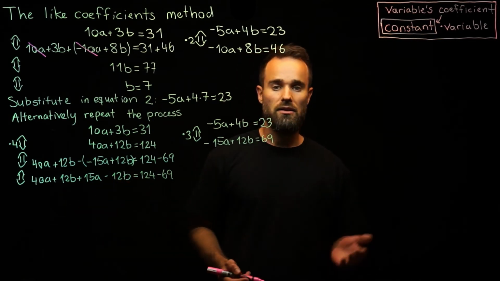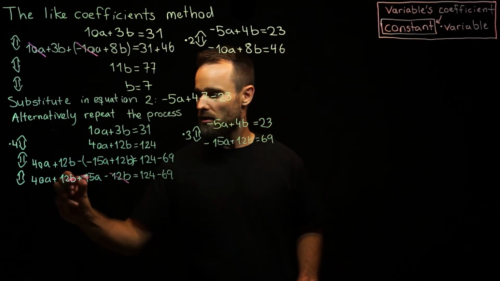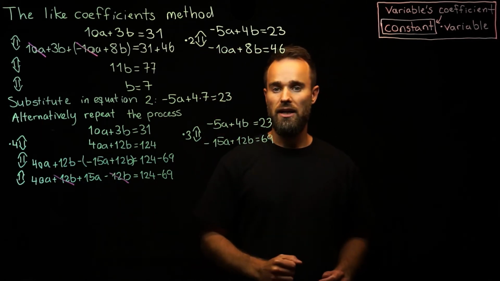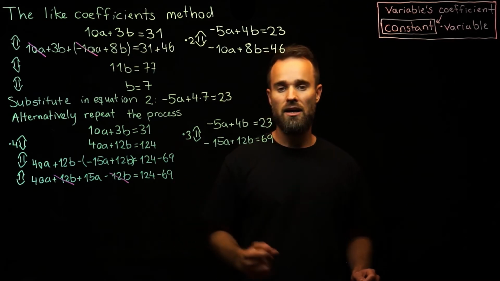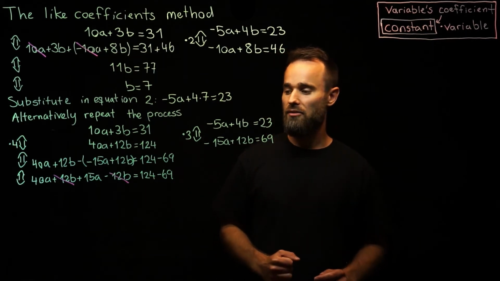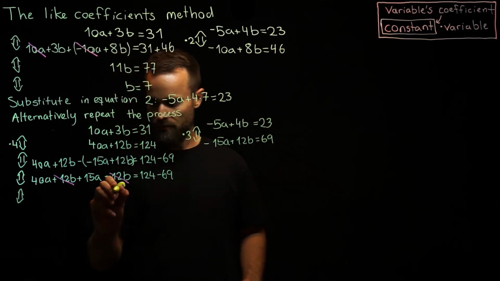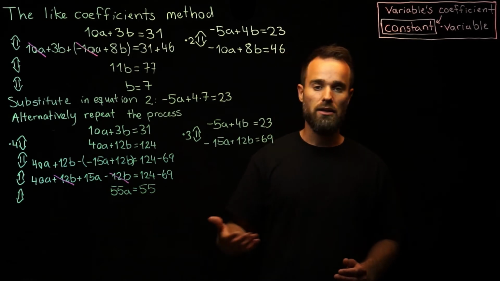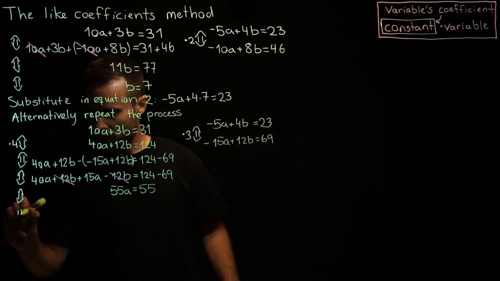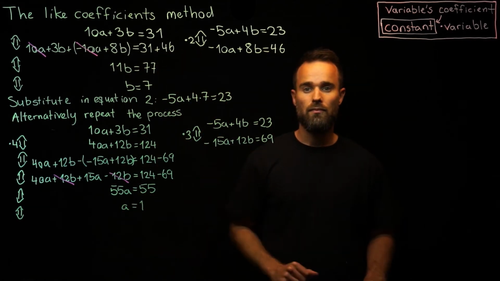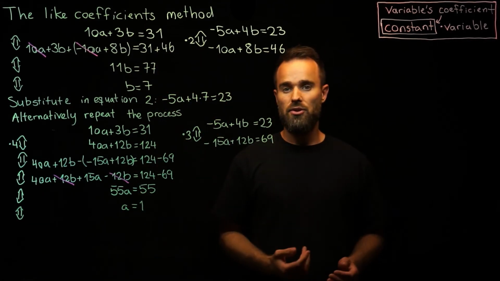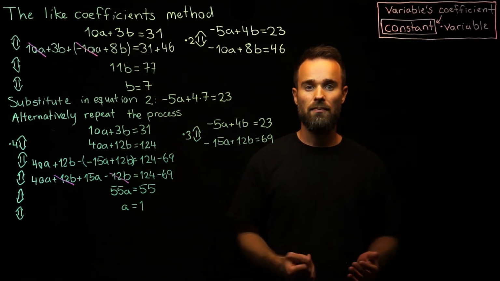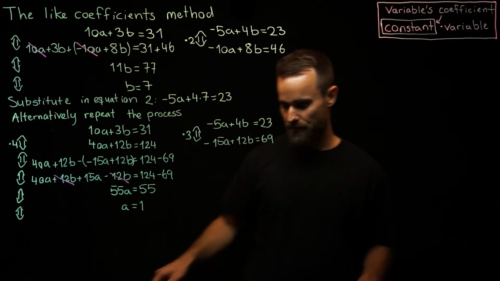These terms cancel each other out, and 40a plus 15b equals 55a. On the right-hand side, the difference is also 55. Therefore, a equals 1. We have the solution a equals 1 and b equals 7, which we can check in the original equations.